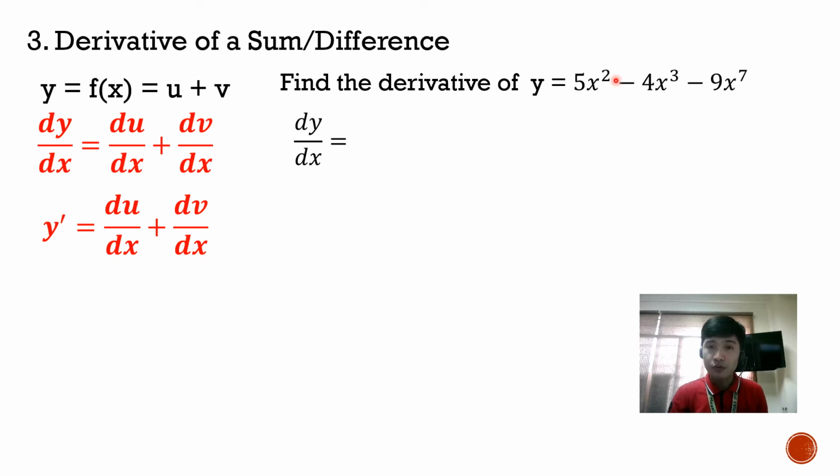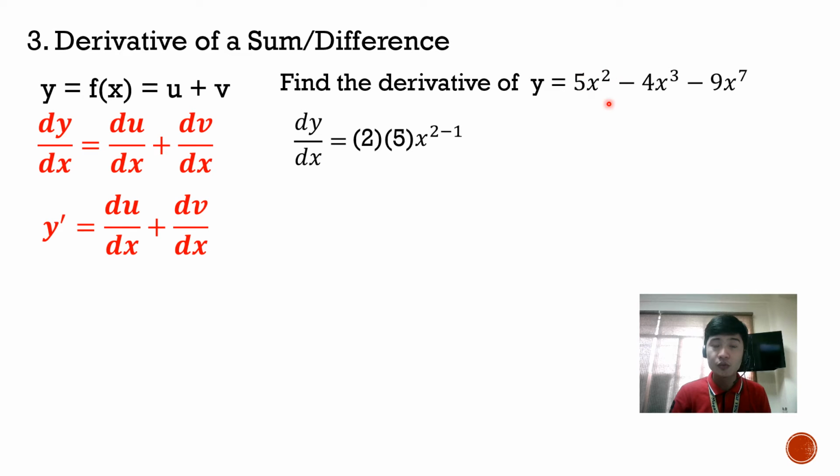If you notice, there is an exponent involved here, 5x squared. So we will use what we did earlier, the derivative of a power. Applying that here, we bring down the 2, put it beside 5, x raised to 2 minus 1.